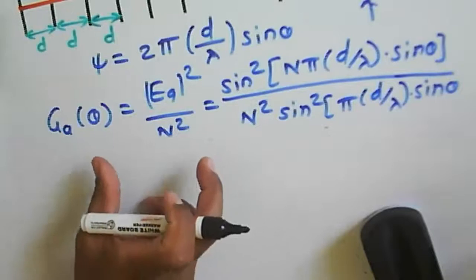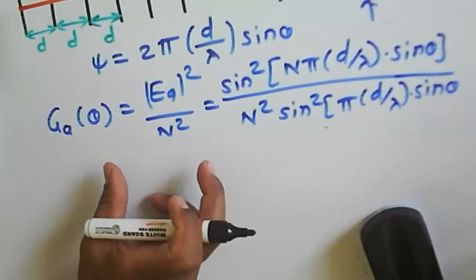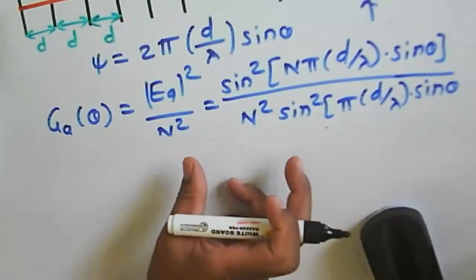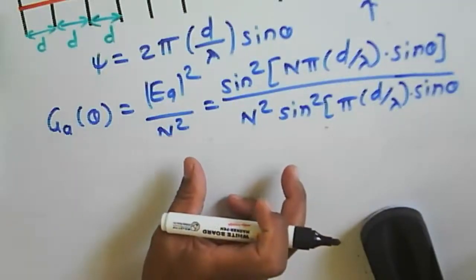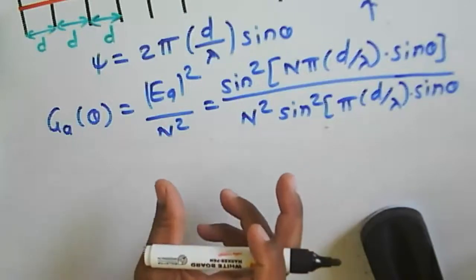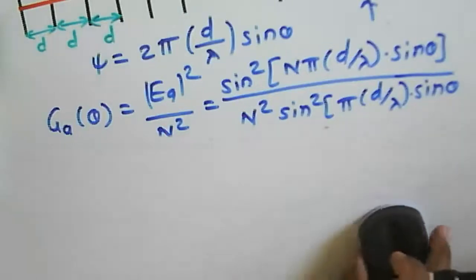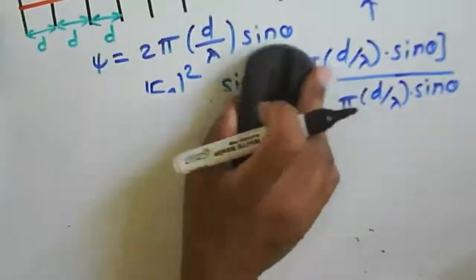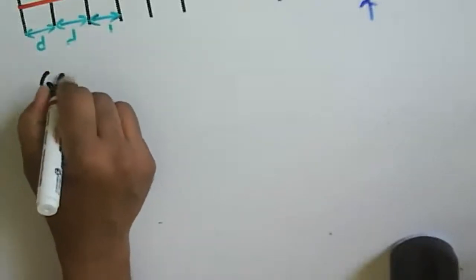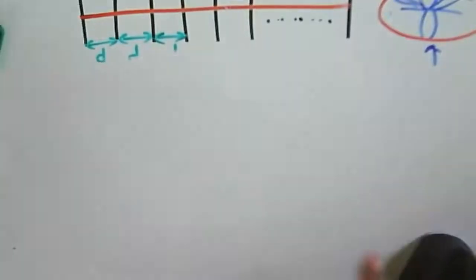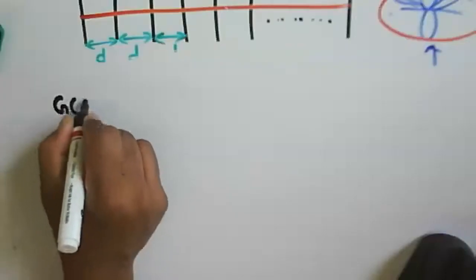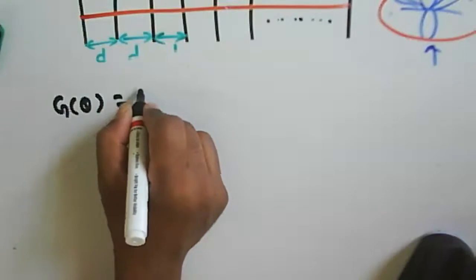For this particular directive element, we are getting the radiation pattern a g of theta. It consists of an element factor as well as the array factor. So in that case, we can write a g of theta is equal to, what?